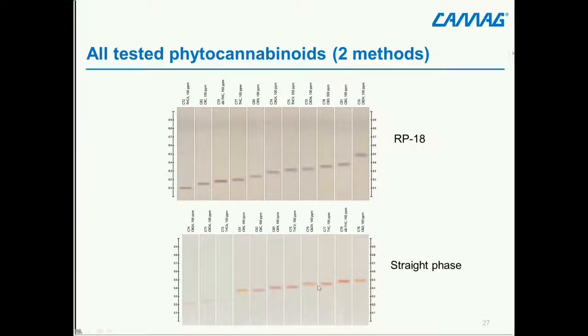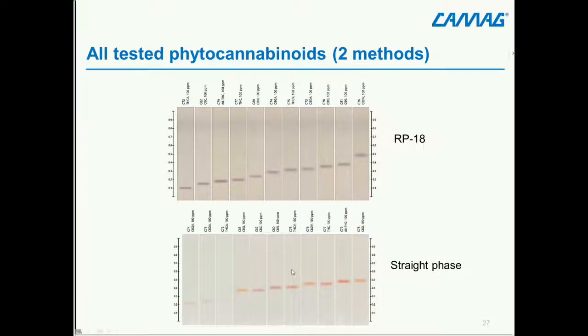On straight phase, some are not well separated, but you have, after derivatization with Fast Blue B salt, a color difference. On reversed phase, the separation is better, but the disadvantages here are it's more expensive and you don't have the color difference.